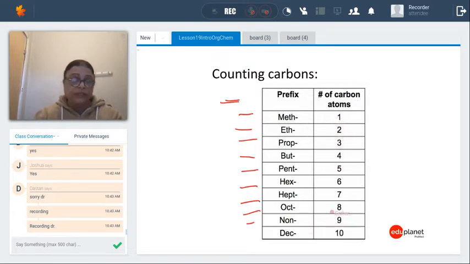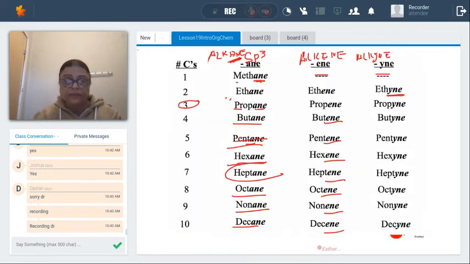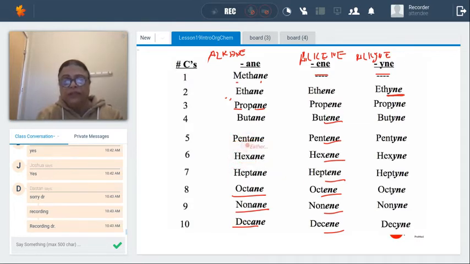So how do we apply this? We apply it like this: when we have a molecule that only has single bonds, this molecule belongs to the family of the alkanes.